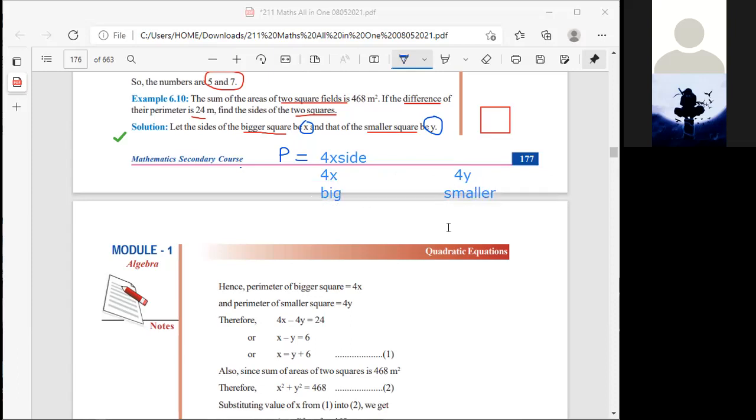Now what are they telling us? The difference is 24. So if difference is 24, can I write the equation like this? 4x minus 4y is 24. I divide the entire equation by 4 because all the numbers are going in 4. Yes or no?